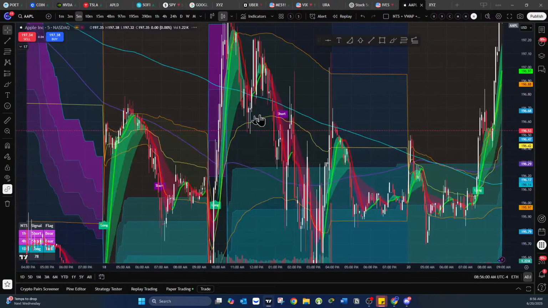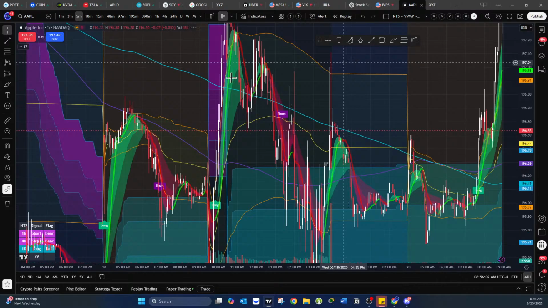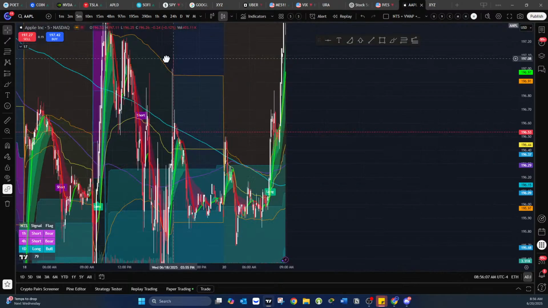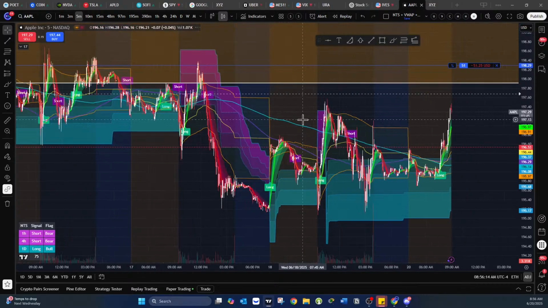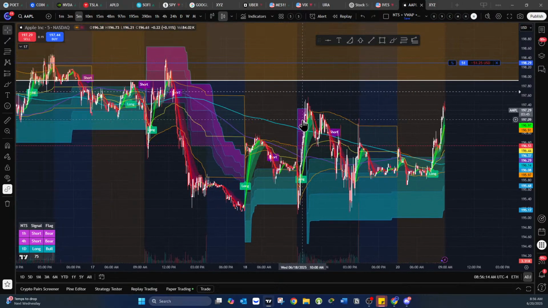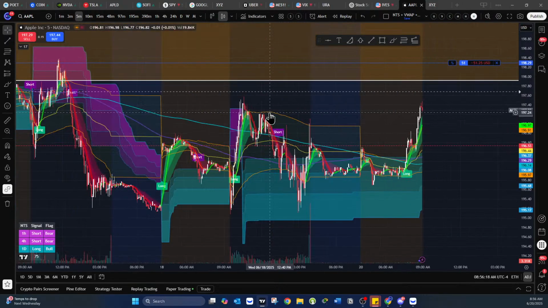I'm actually pretty bearish on it, but my thesis was if we get back above 198, then that would rule me out of any short positions. I closed some shorts on it on Monday.